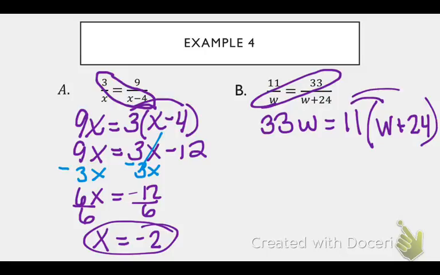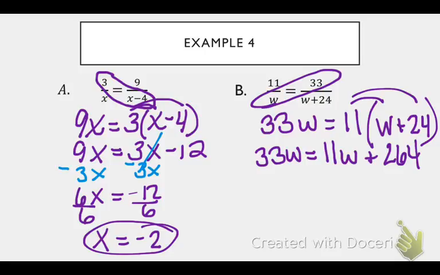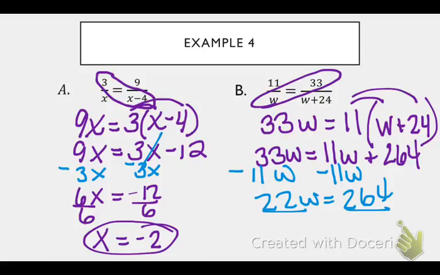And again, I'm going to need to distribute to get rid of my parentheses. 33w equals 11w plus 264. I'm going to combine my like terms, meaning I need to subtract 11w from each side, which gives me 22w equals 264. Divide each side by 22 for a final answer of w equals 12.